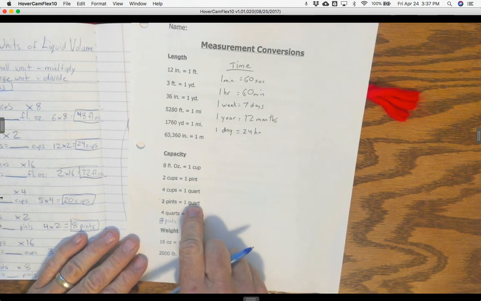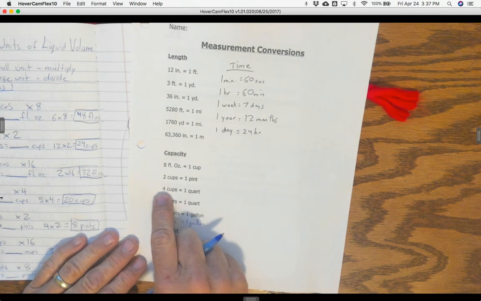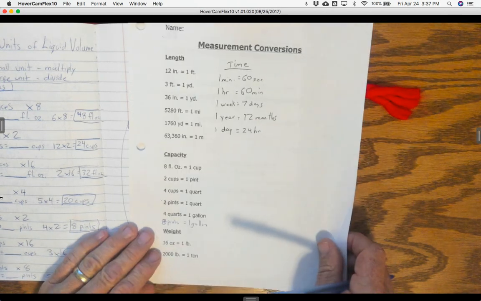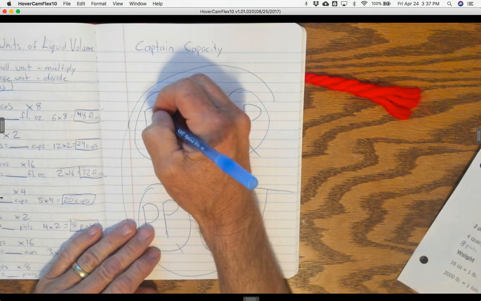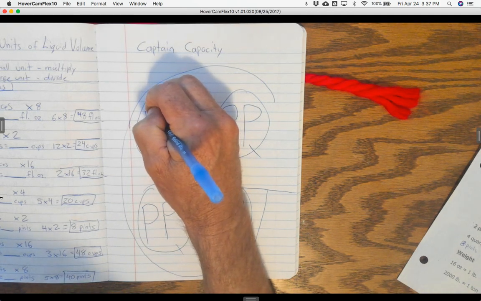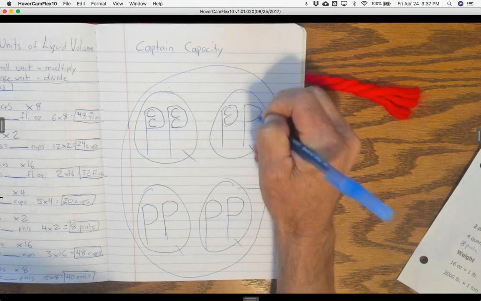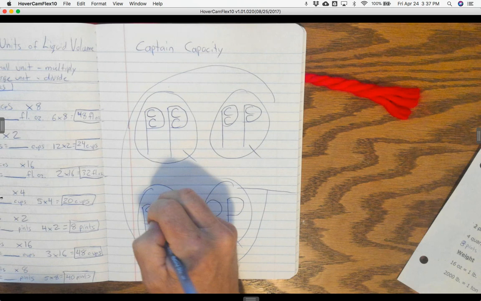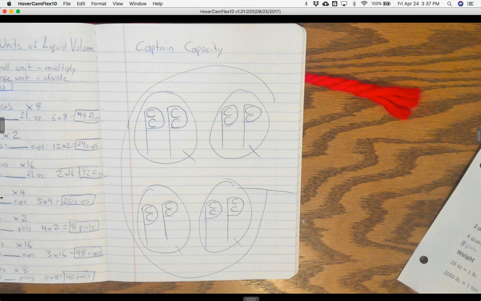Gallons, quarts, pints. Next we have cups. 4 cups in a quart. Well, we don't have quarts. 2 cups in a pint. Okay, so in each of these P's, we're going to put 2 C's. And again, make them pretty big. Take up that space. And that's pretty much it for Captain Capacity.